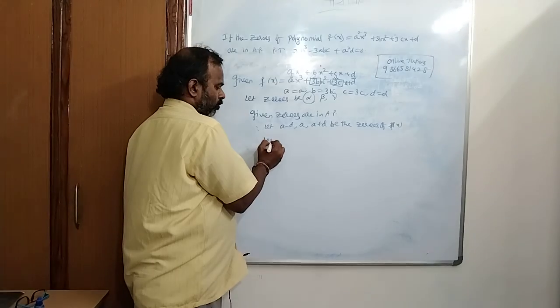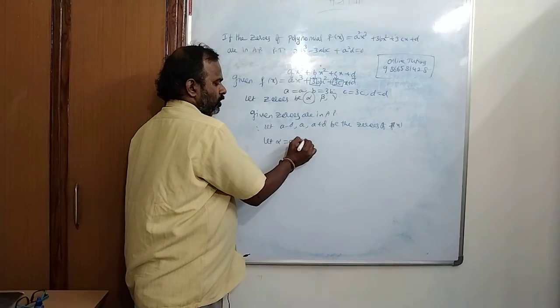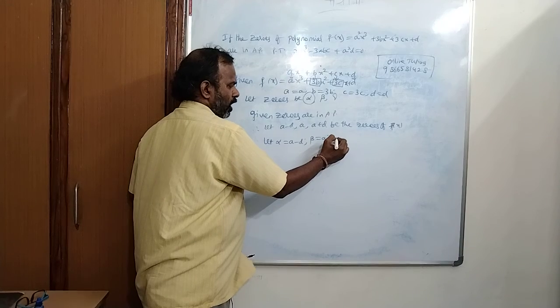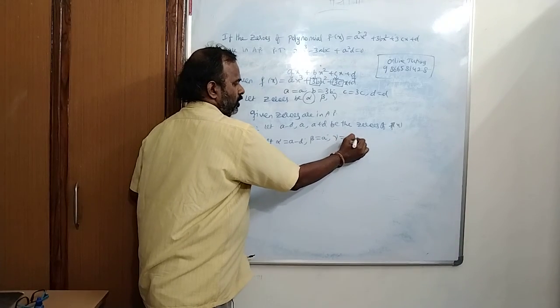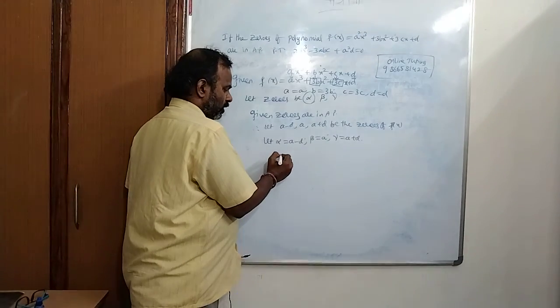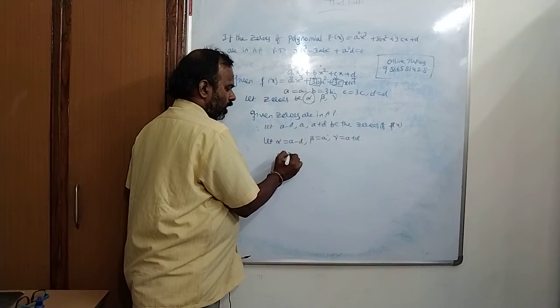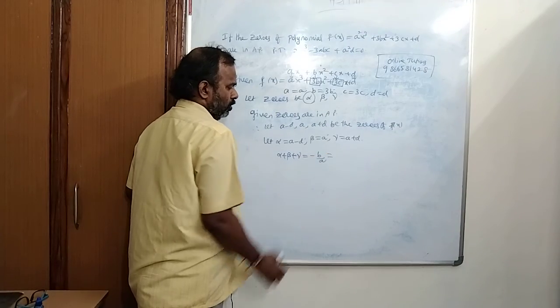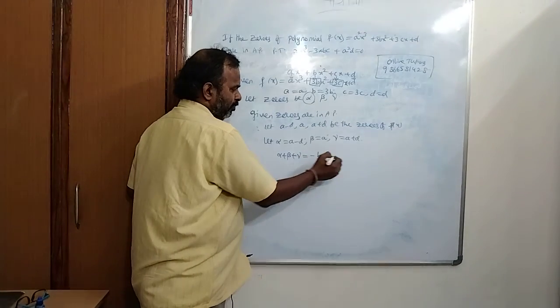Let alpha equal a minus d, beta equal a, and gamma equal a plus d. So the sum of the zeros, alpha plus beta plus gamma, is equal to minus b by a.